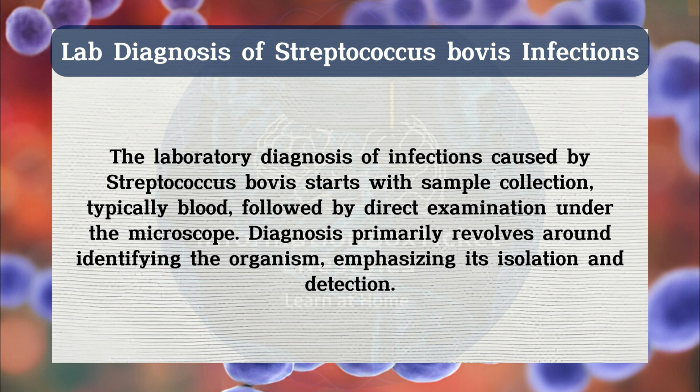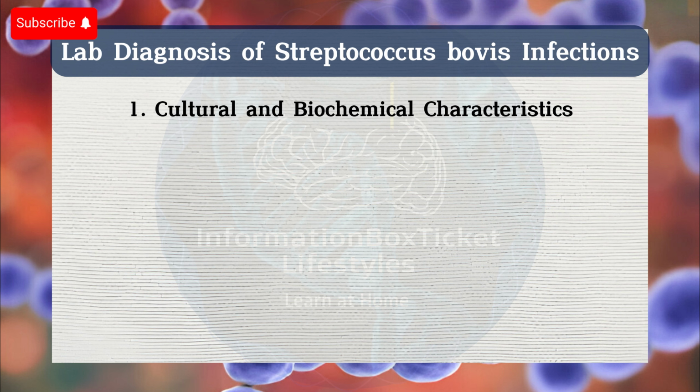The laboratory diagnosis of infections caused by Streptococcus bovis starts with sample collection, typically blood, followed by direct examination under the microscope. Diagnosis primarily revolves around identifying the organism, emphasizing its isolation and detection. 1. Cultural and biochemical characteristics.